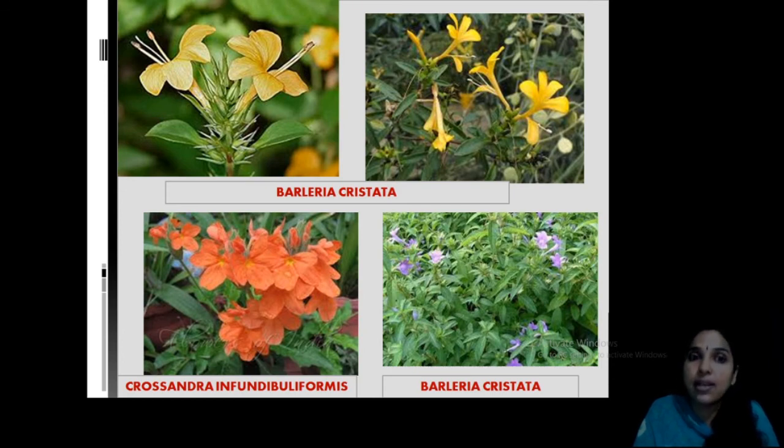This is Barleria cristata, Parvati. I told you about Parvati. This is Crossandra, Kanakambaram. This is also Barleria. Different colors are available for Barleria: white, violet, and this yellow color. This is very common. See, these are the very important points. Bracts and bracteoles prominent.